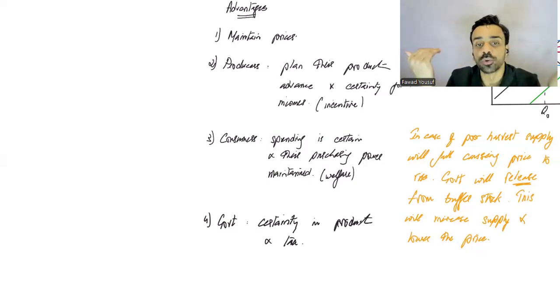So if that's not going to happen, then we're not going to need to import a lot, or if there is an excess, we can export, right? So we can do these sort of things, and that can help us manage our import and export of essentials.